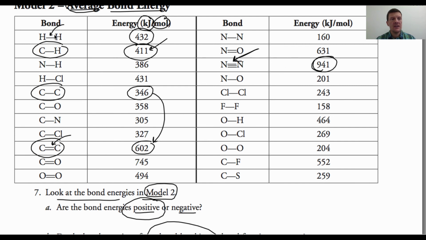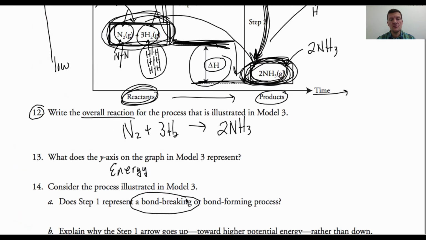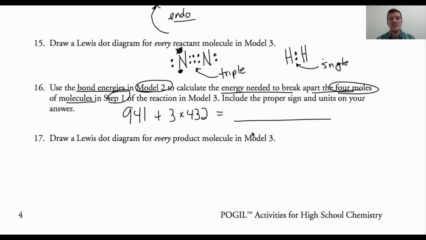And for hydrogen, it takes 432 per mole. So 941 and 3 times 432. That's how much energy it takes to break apart that mole of nitrogen and the 3 moles of hydrogen.